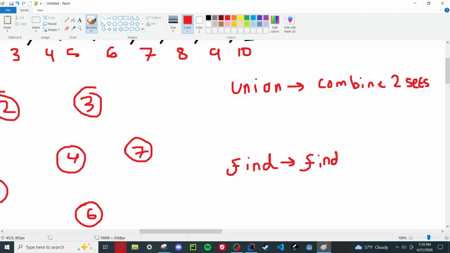Find, let's say, the parent of a set. So let's go over this in more detail.